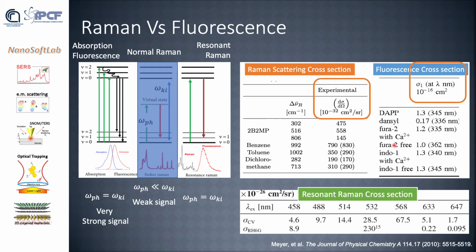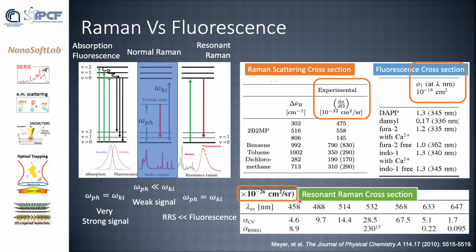For this kind of dyes, we will have cross-sections of the order of 10 to minus 16 centimeters square, so we'll have a very strong signal. On the other hand, the resonant Raman scattering is a second-order transition, and so the signal is much weaker than fluorescence. We see here the orders of magnitude are of the order of 10 to minus 26 centimeters square over steradian.